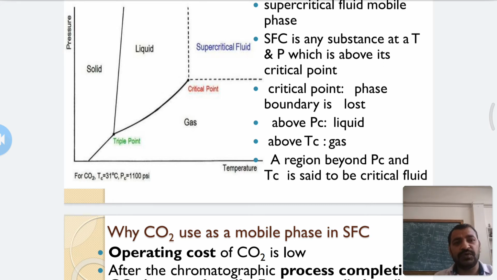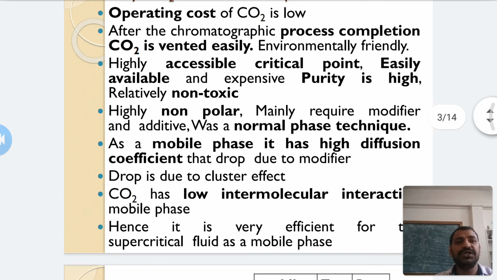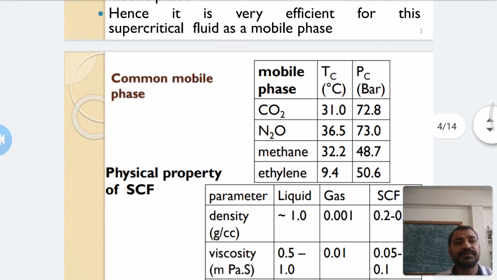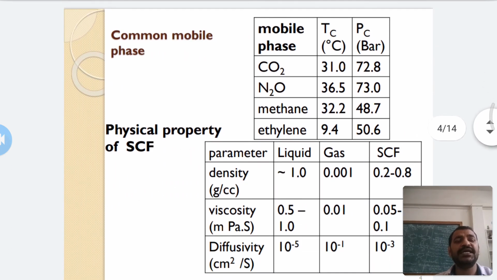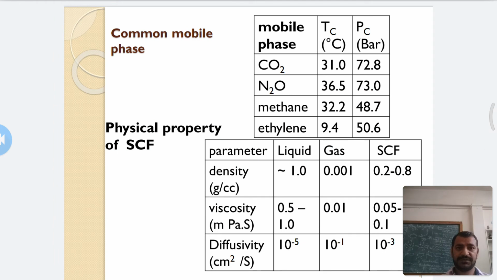In this we use different types of supercritical fluids.